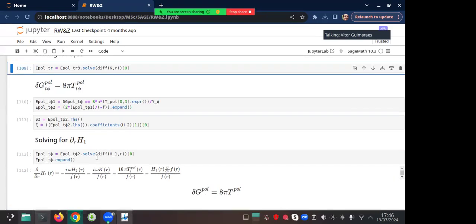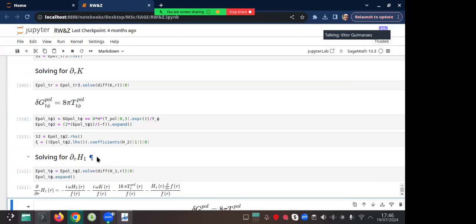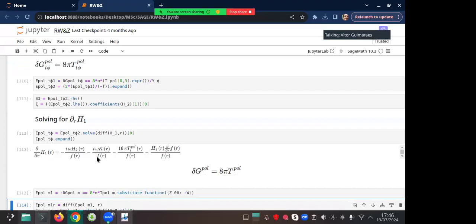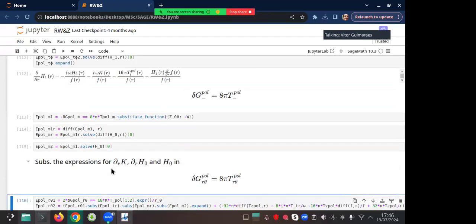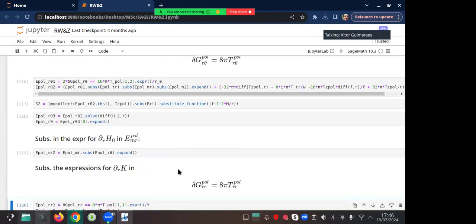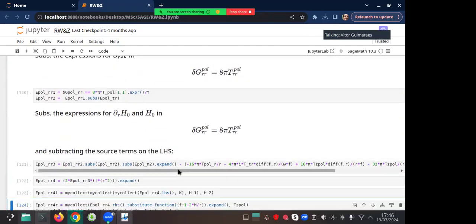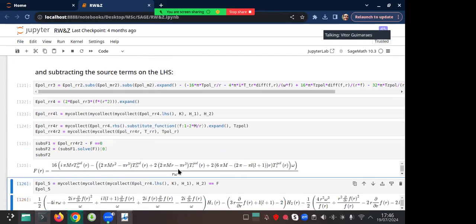Solve one equation for the derivative of K, and then for the derivative of H1, and substitute them into one of the other equations so that we can get rid of some dependencies. Substituting these expressions, so that we can lose the dependencies on K and H0 and so on. And then substituting the expressions and taking derivatives. This is long and long and long.